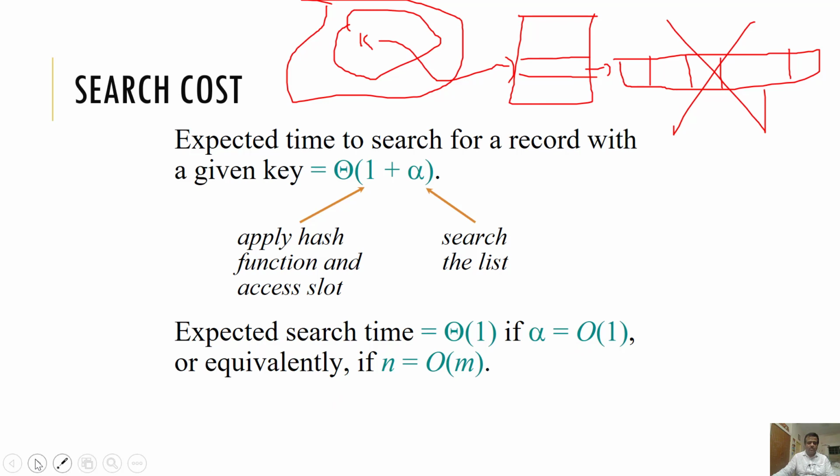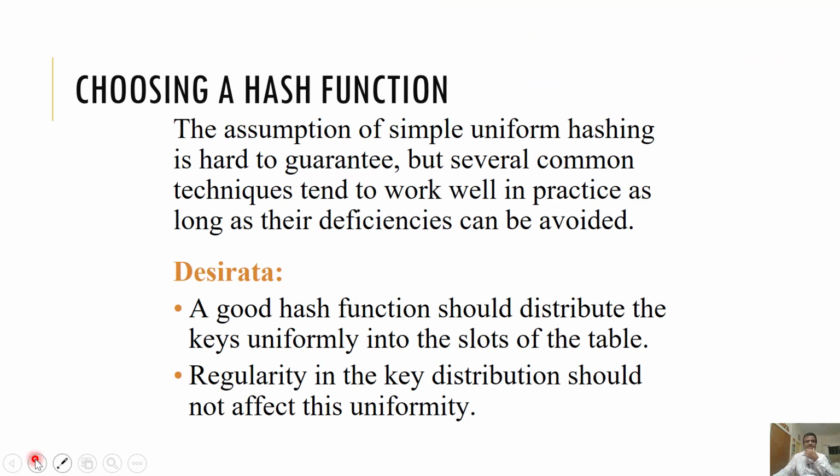Now we will construct some hash functions. The assumption is that we need to choose simple uniform hashing, which is hard to guarantee, but we will see several common techniques and some examples where in practice we can achieve that.